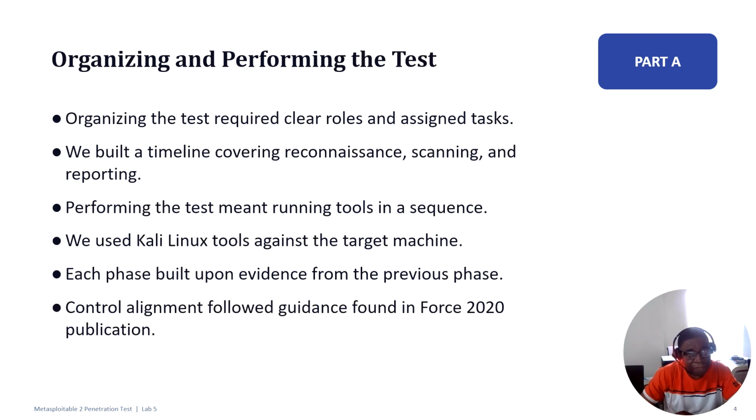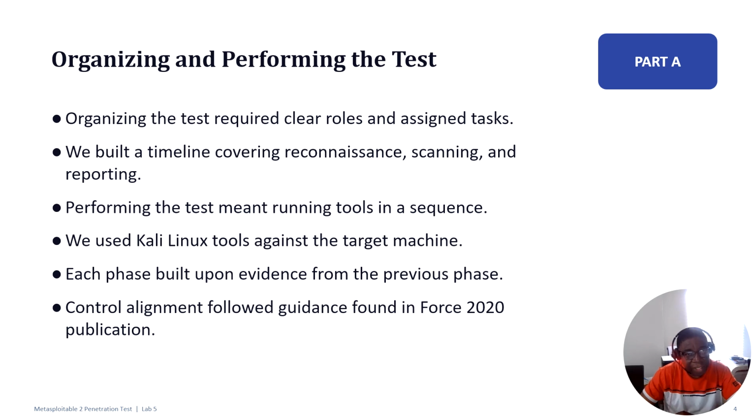Once the plan was in place, I organized the work into clear phases with a rough timeline covering reconnaissance, scanning, and reporting. I used my Kali Linux VM to run each of the tools against the Metasploitable target in a logical sequence, so each step built on what I learned from the one before it.